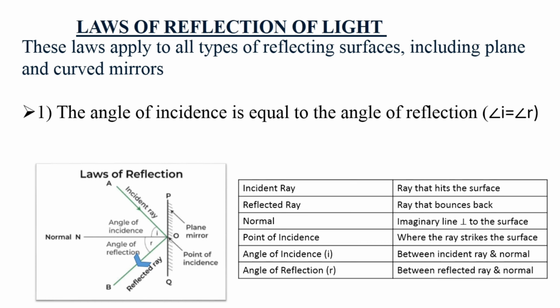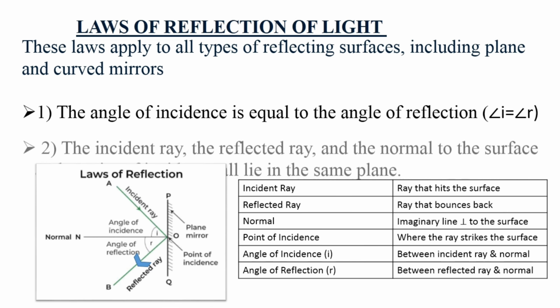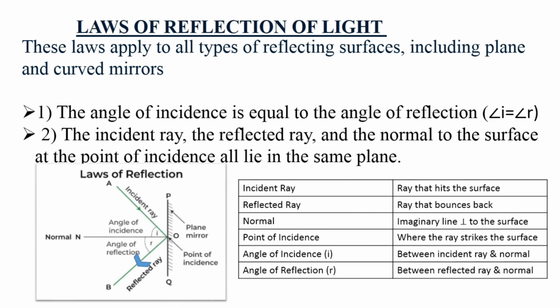So the angle of incidence is equal to the angle of reflection. The second law is that the incident ray, the reflected ray, and the normal to the surface at the point of incidence all lie in the same plane. This just means they are all in one flat surface, making it easier to understand and predict reflection.